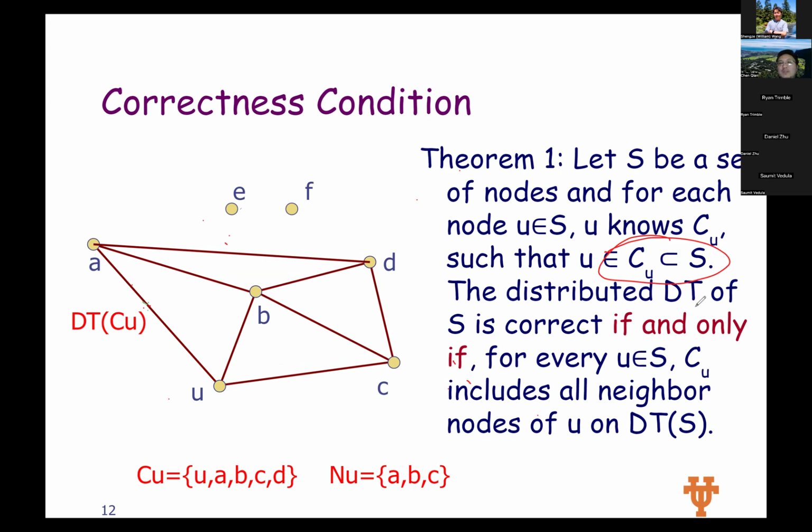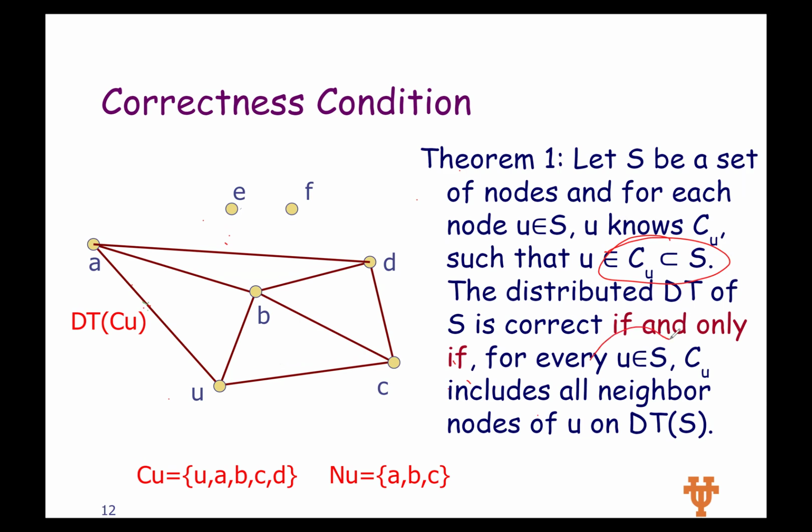The distributed DT is correct if and only if for every U in S, CU includes all DT neighbor nodes of U. That means CU is a superset of the correct NU. Is this an assumption? This is a theorem. If CU is a superset of the correct NU, then the distributed DT is correct.